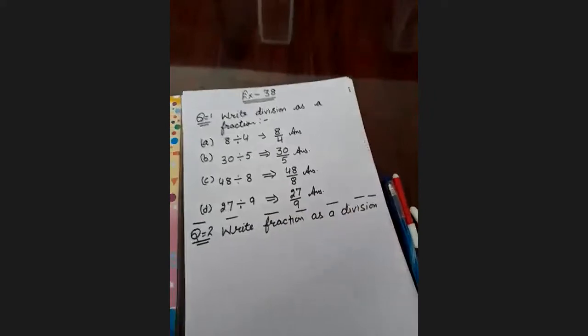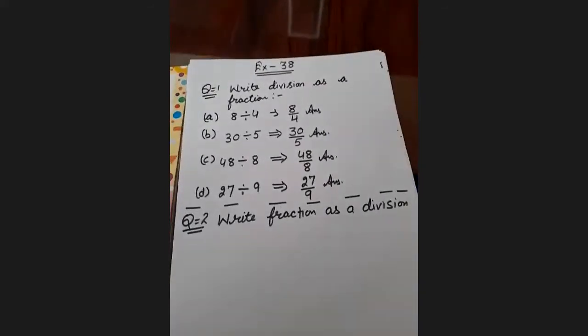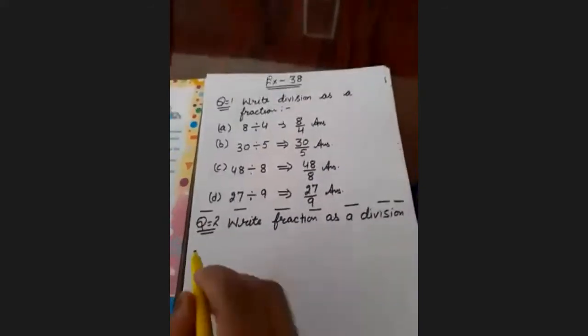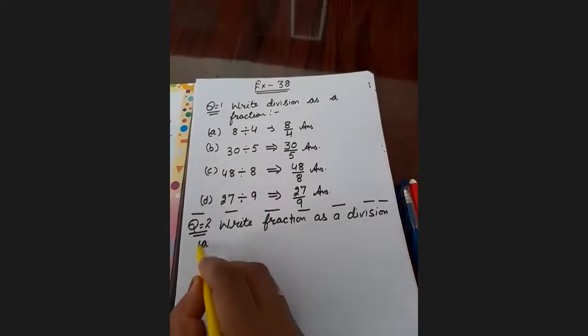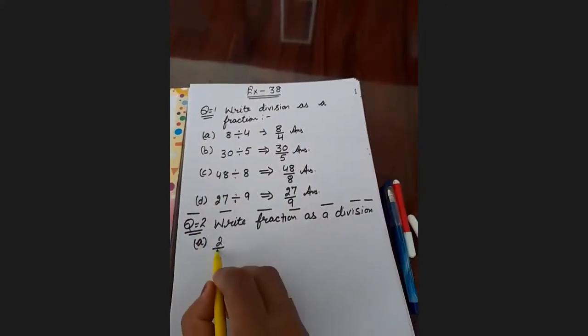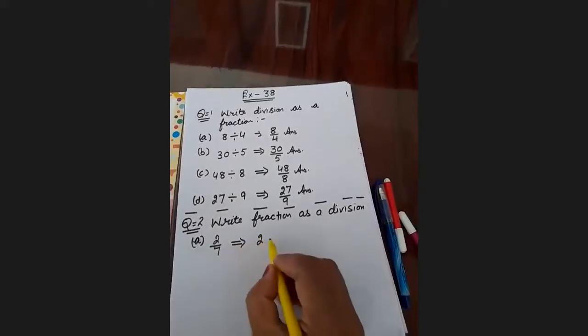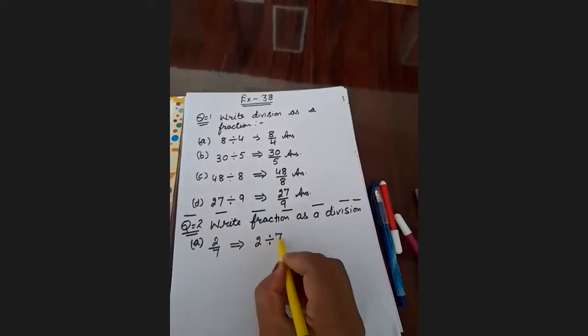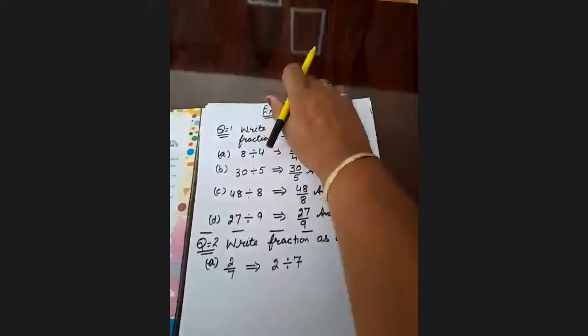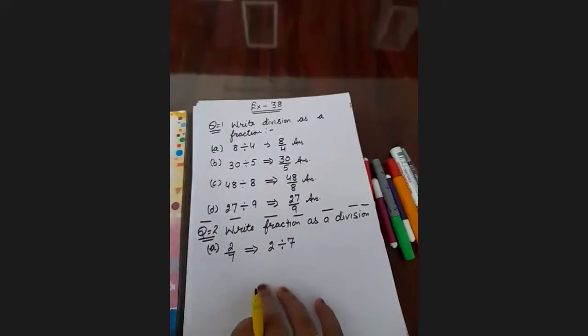Your first number is 2 upon 7. Now we'll write it as 2 divided by 7. 2 divided by 7.